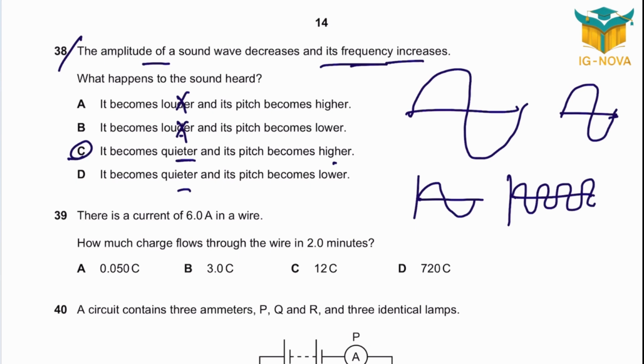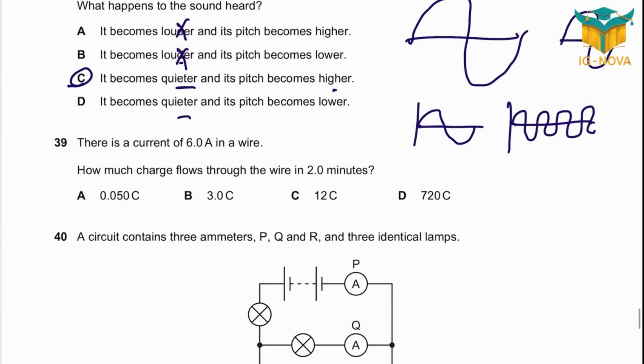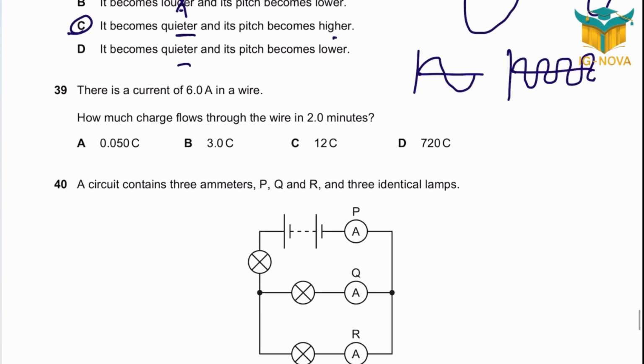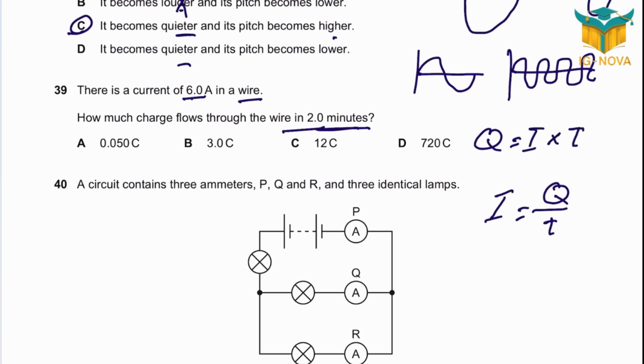Easy, easy. Question 39. There is a current of 6 amperes in a wire. How much charge flows through the wire in 2 minutes? Amount of charge Q. If you remember, the main rule says I equals Q over T. So Q will be I times T. I is 6, T is 2 minutes.